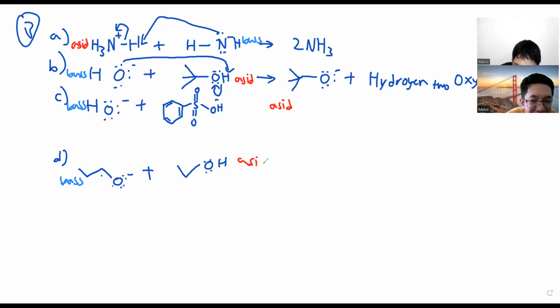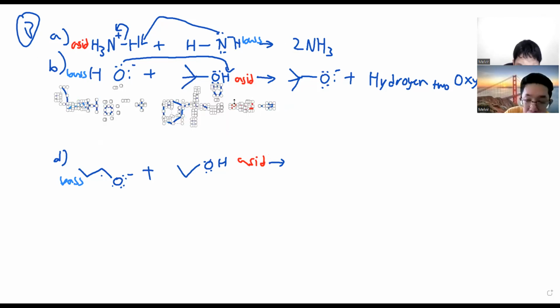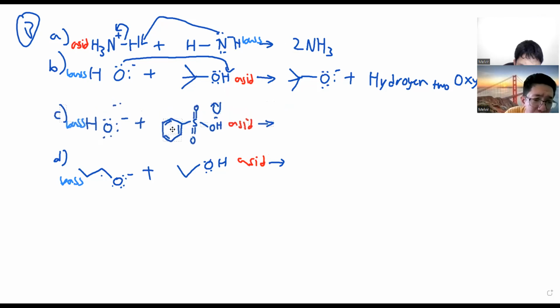Try to move letter C as well. Kasi you'll draw curve arrow notation. I'll give you another 5 minutes to finish this, ha? Pati E and F pa, continue lang.